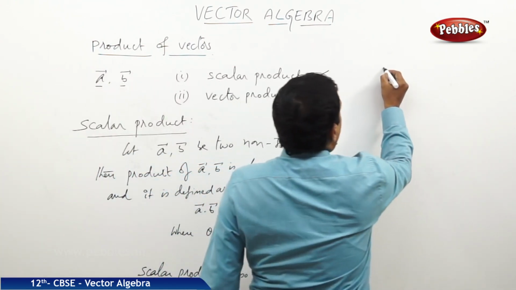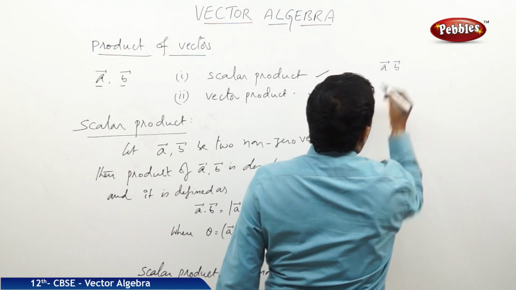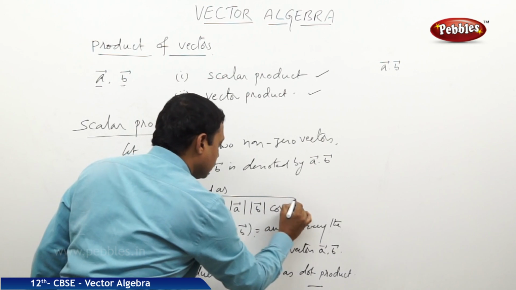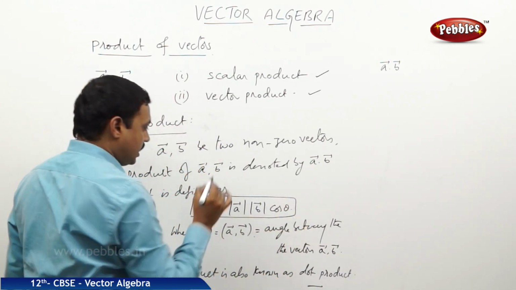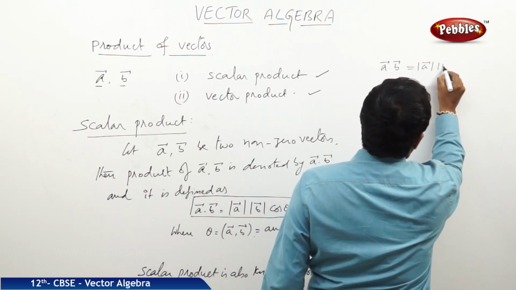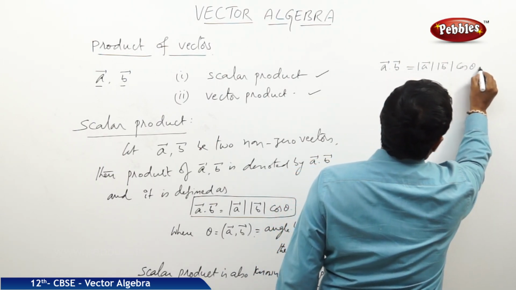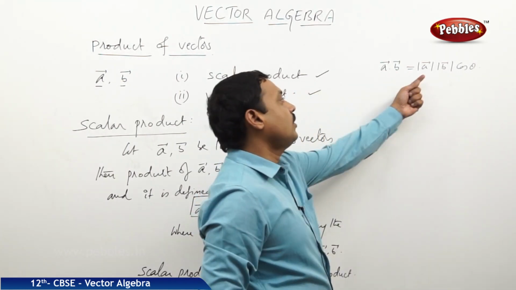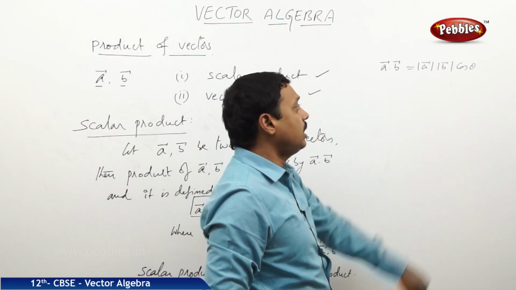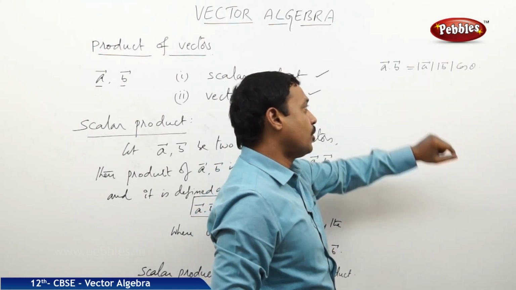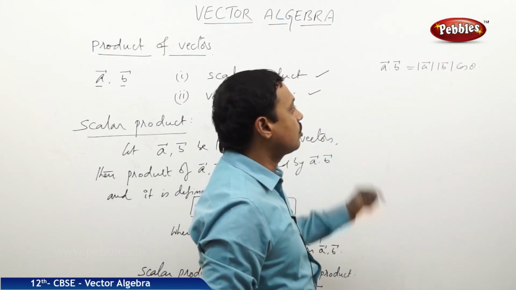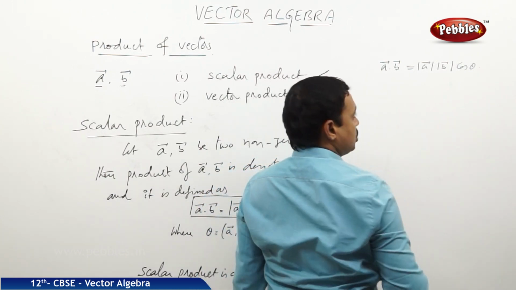Now let us see whether this product is scalar or not. Here the scalar product between the two vectors A and B is defined as A dot B is equal to modulus of A modulus of B into cos theta. See, modulus of a vector is always a fixed number, some scalar, moreover positive. Modulus of B bar is also a fixed quantity, greater than 0.